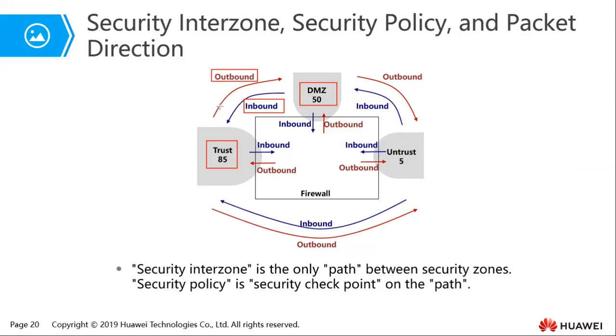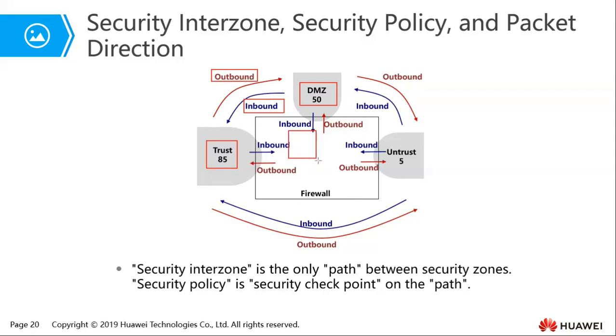As you can see here, we are moving from the trust zone, as shown by this arrow, to the DMZ. On the other hand, when we move from a lower trust level to a higher trust level, then that traffic is in the inbound direction. So all these arrows are simply showing all the possible cases of inbound and outbound.